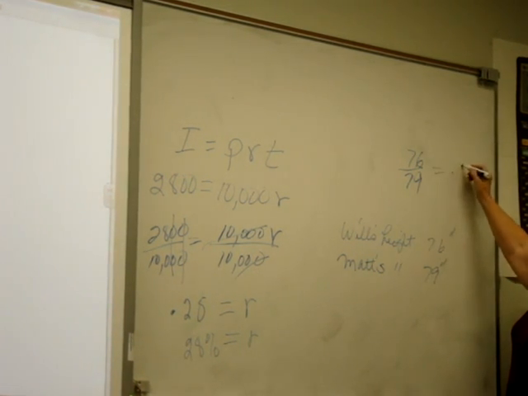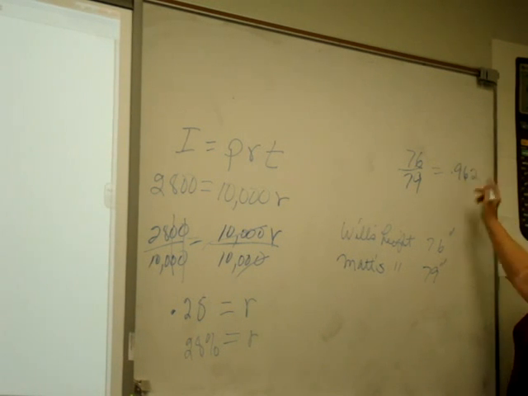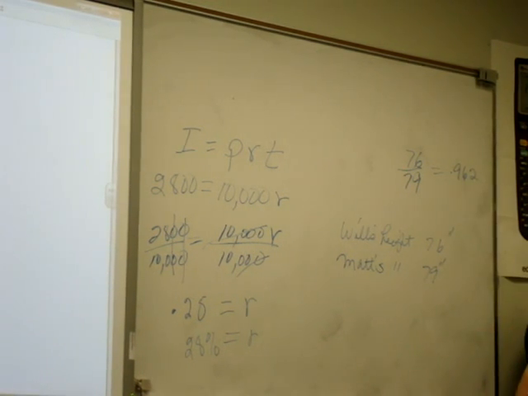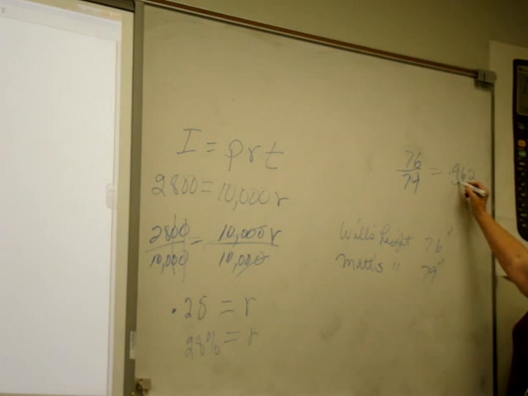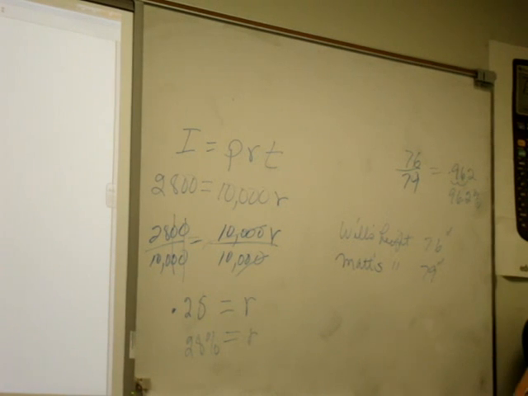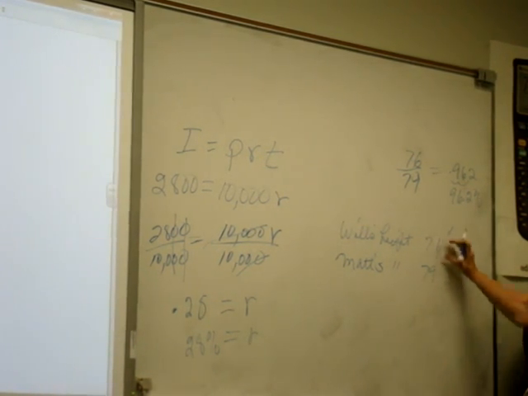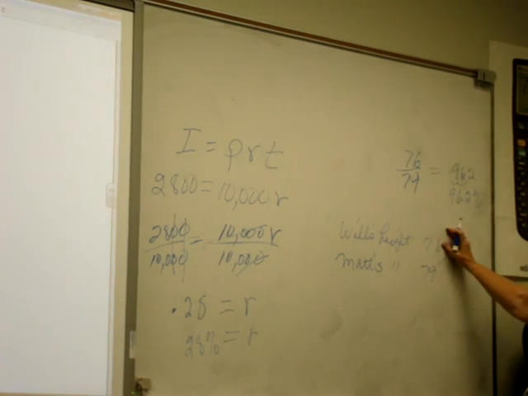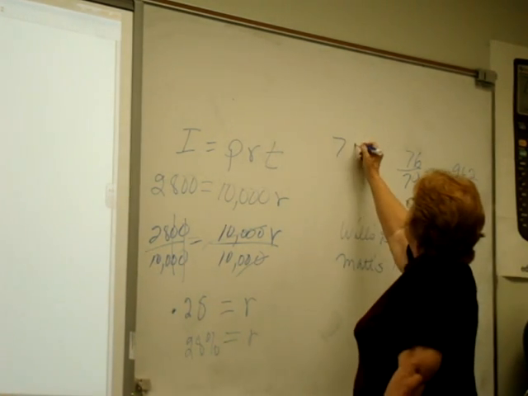You get .962. That's what you get when you divide it. And then you multiply by 100 to make it a percentage, and it becomes 96.2%. Now, Matt's as a percentage of Will's, he's a lot taller in inches, so that should be over 100, right?